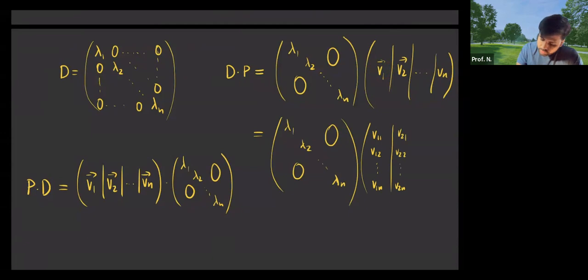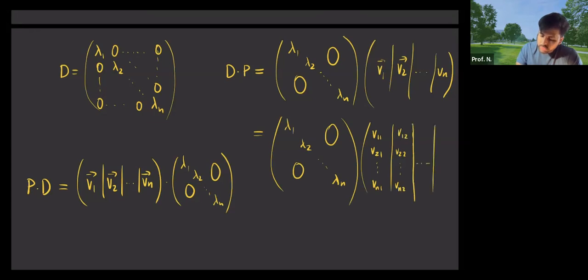Pardon me, this should be the other way around. It should be n1: the nth row, first column, and then the other way, 1, 2, and n2. I do this all the way to the nth column, so this is V1n, this is V2n, this is Vnn.